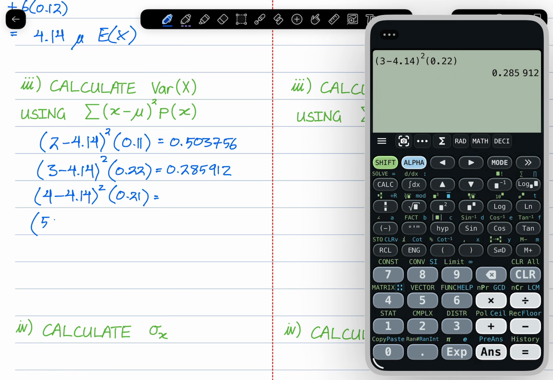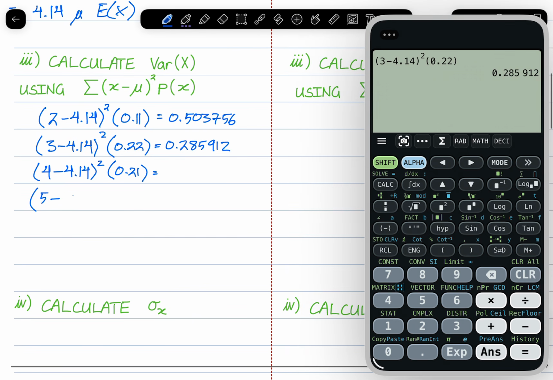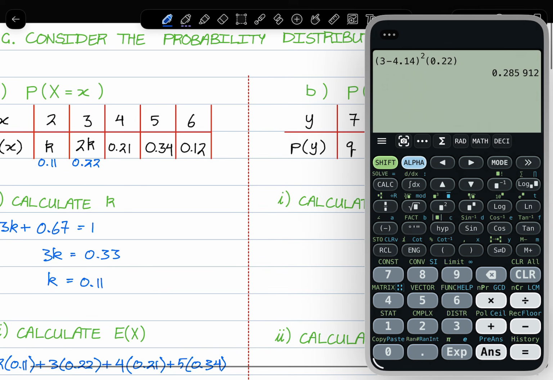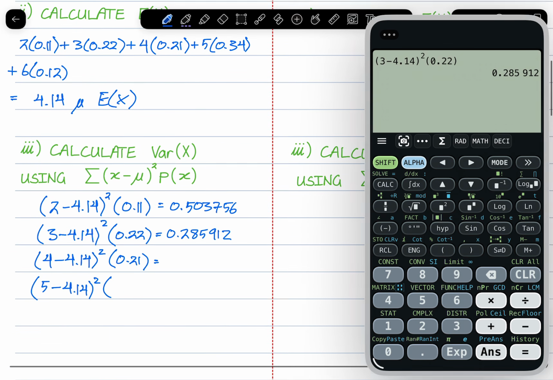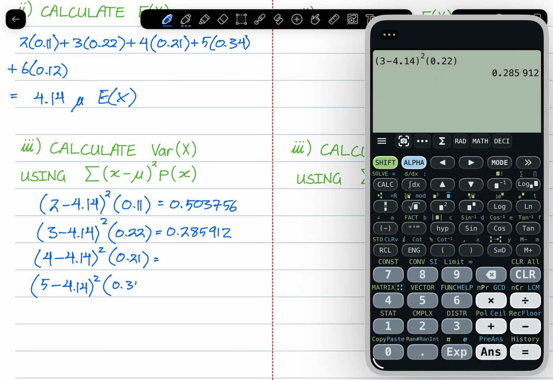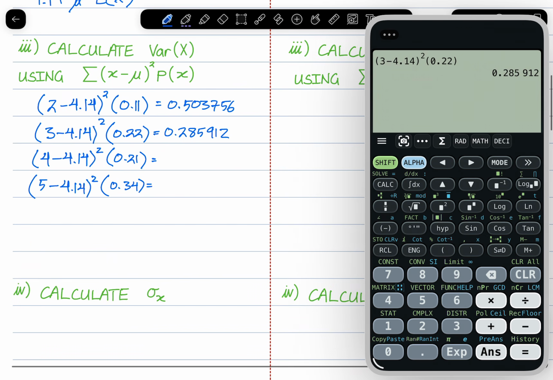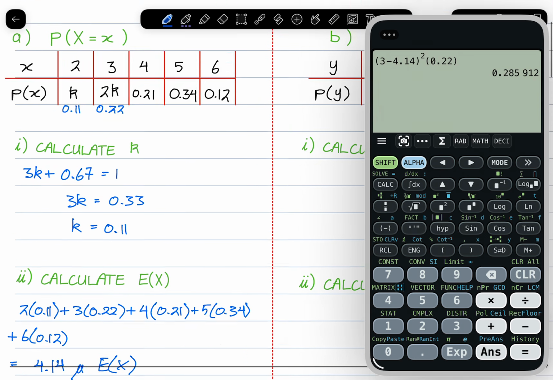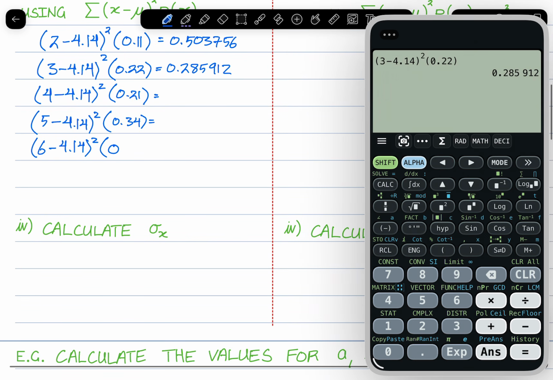We do that again. 5 minus 4.14. Square it and multiply that by its corresponding probability, 0.34. And we take 6 minus 4.14, square it and multiply that by its corresponding probability of 0.12.